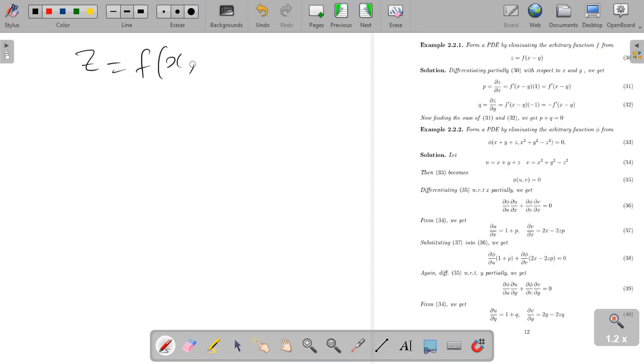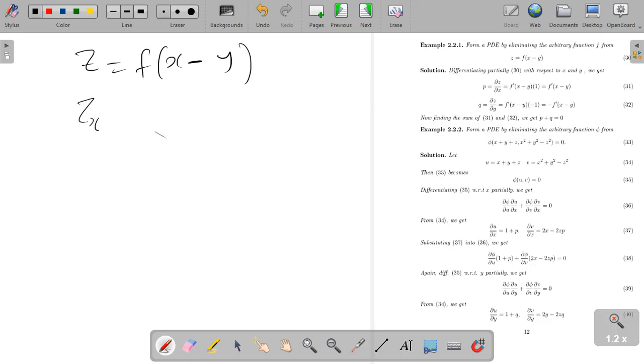Okay, so now we have just one function. We have 2 variables, so we're going to differentiate twice. So zx, with respect to x, will give you f prime of x minus y.